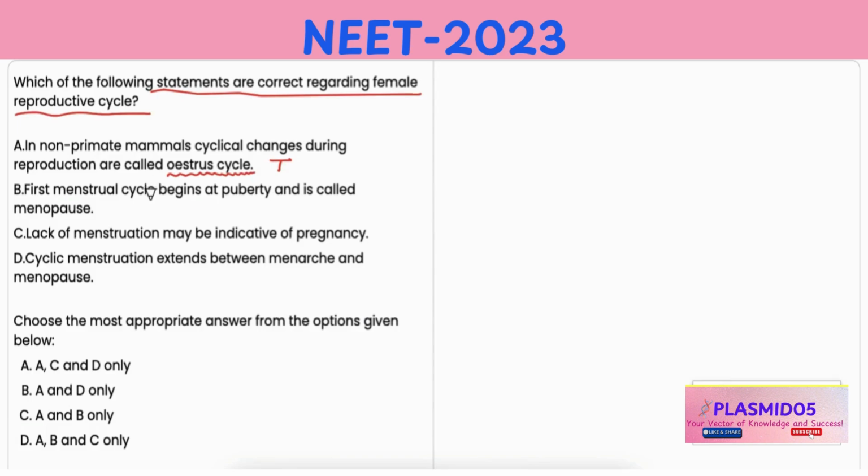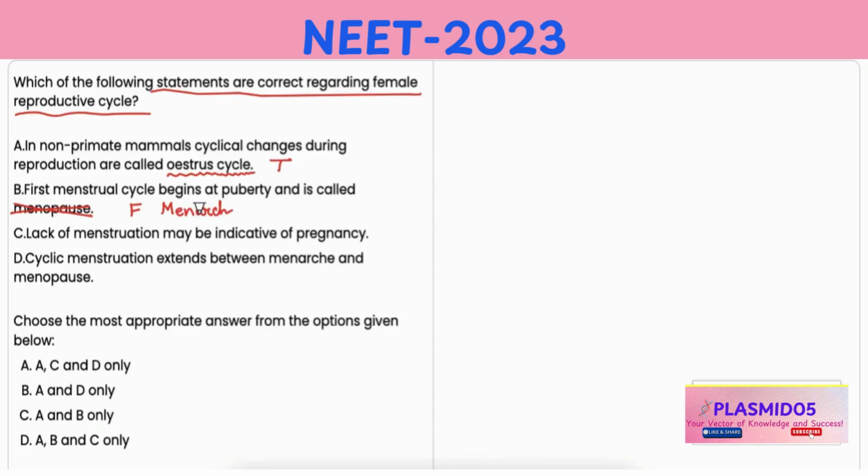Statement B. First menstrual cycle begins at puberty and is called menopause. It is incorrect. The first menstrual cycle that begins at puberty is called menarche, not menopause. Menopause refers to the cessation of menstruation later in life.